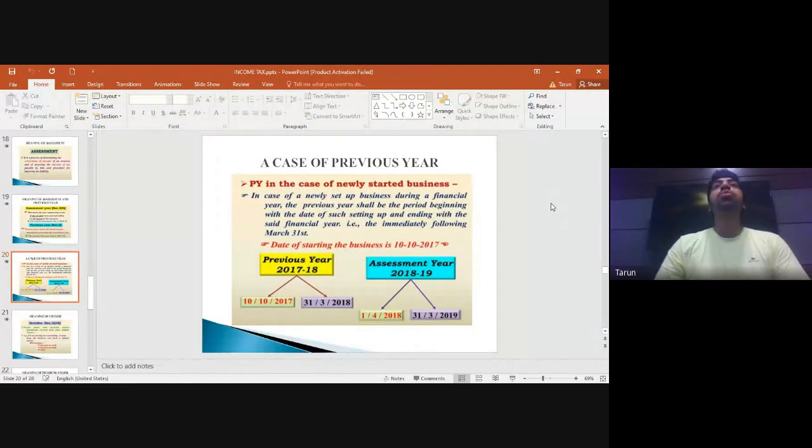This is a rule under the Income Tax Act. I'm not saying that you have to consider these dates; this is not my rule. This is a rule formulated under the Income Tax Act, which states that any year commences on 1st April of any year and ends on 31st March of the following year.